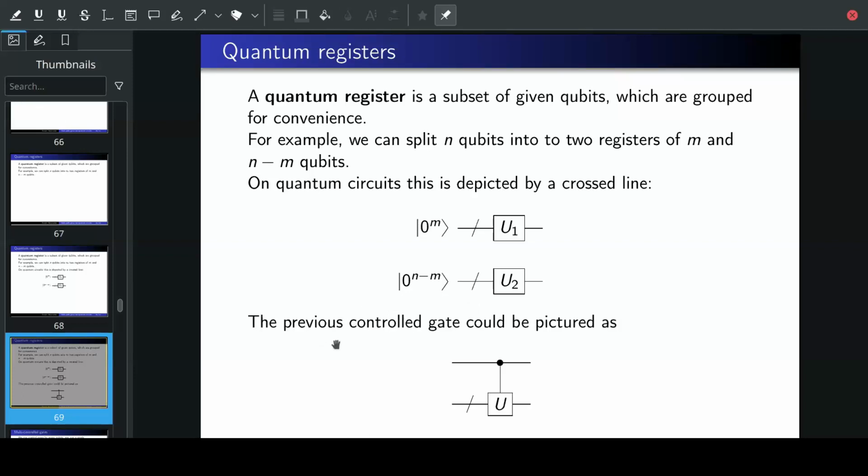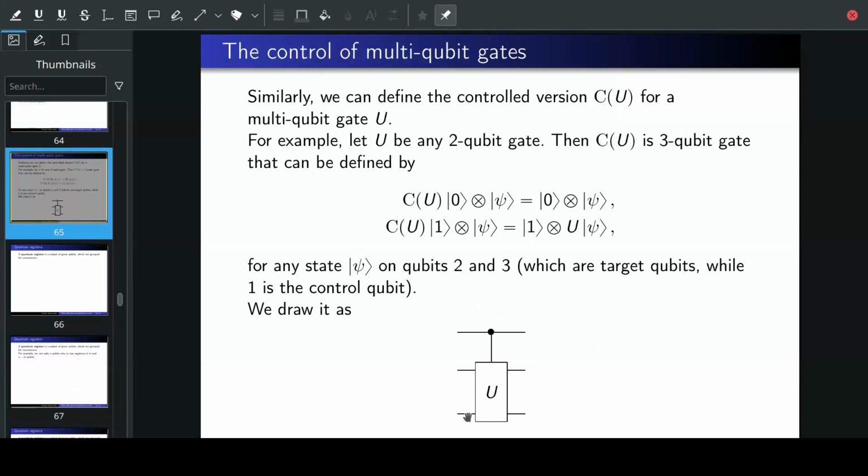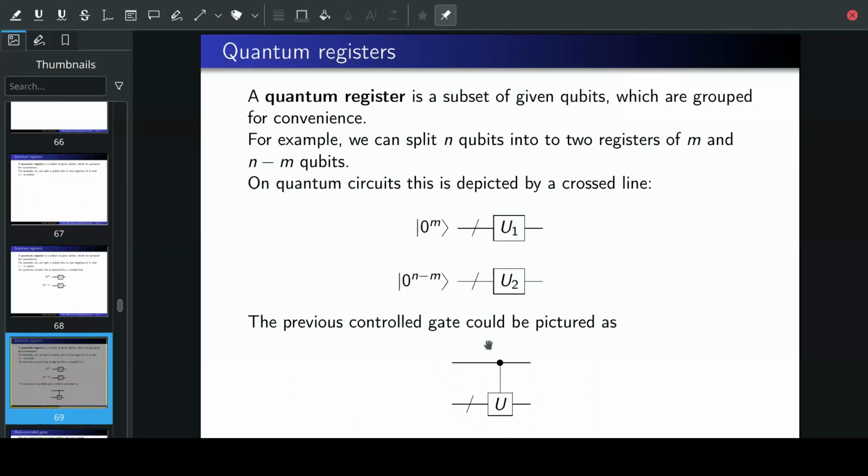And so the previous controlled gate could be depicted as this diagram. Instead of writing this circuit, we could write this circuit if we don't need all the wires.